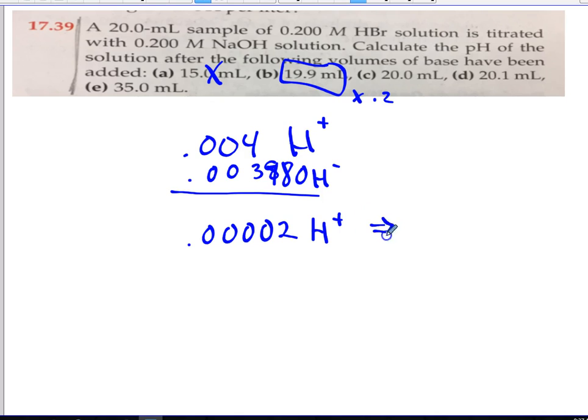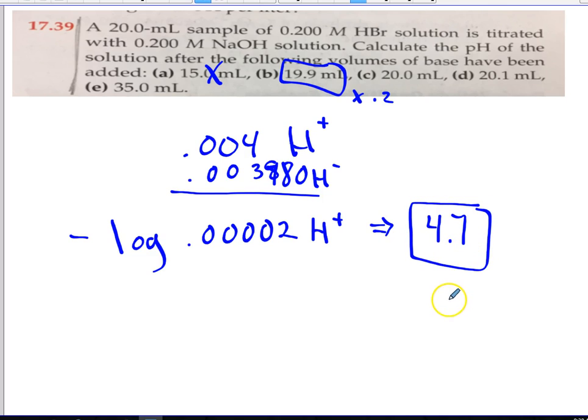And so now, if it's H plus, I take the negative log of that number, and it becomes my pH. 4.69, or 4.7. You agree with that? Everyone okay with that one? You're just simply finding which one is in excess and you negative log it.